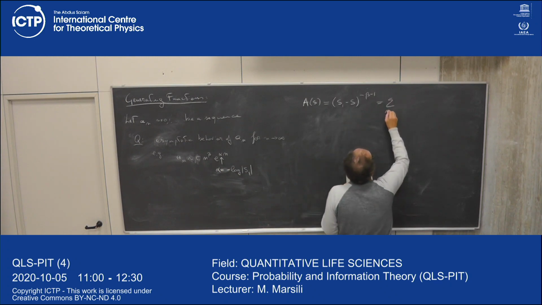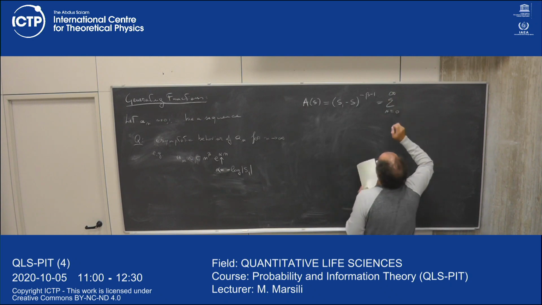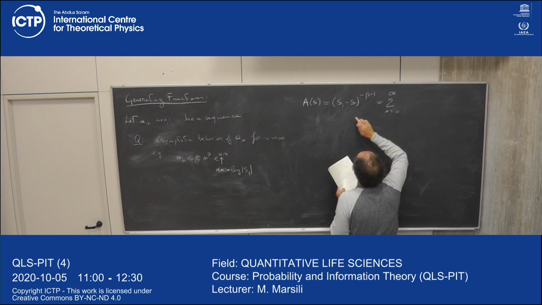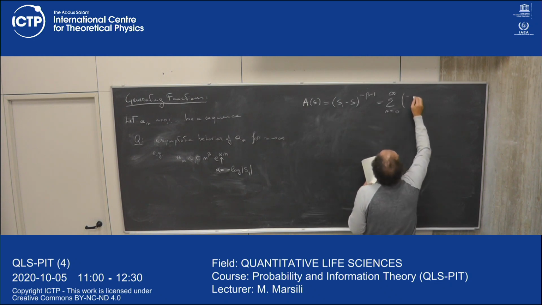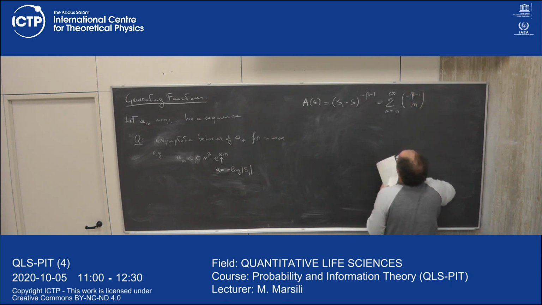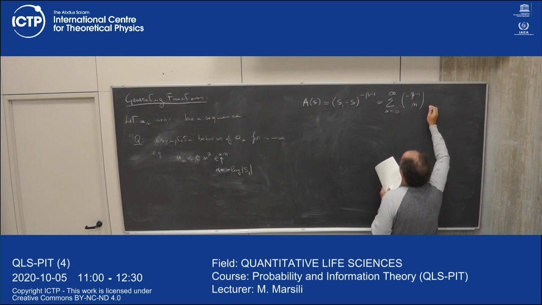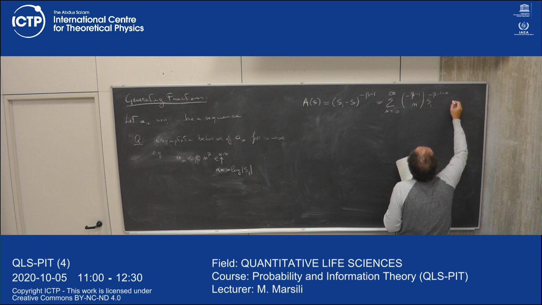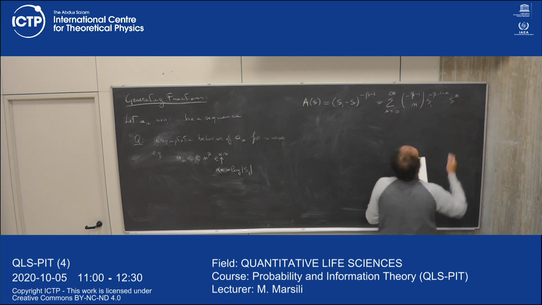So this is the sum from 0 to infinity of minus beta minus 1 choose n, of S1 minus beta minus 1 minus n times S to the n.